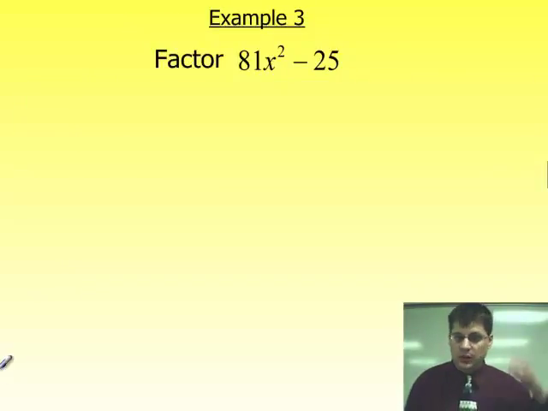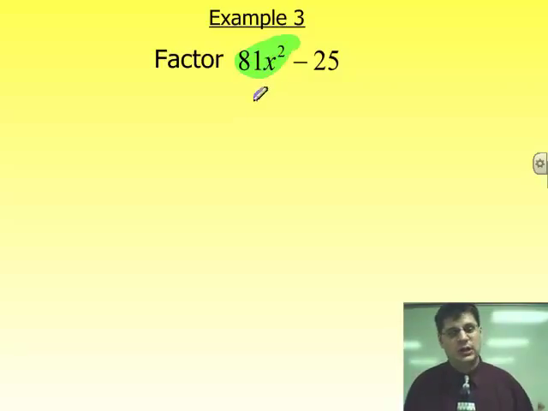Looking at this one, let's say I'm just factoring. It doesn't tell me if it's a special product or not, and I just see something with two terms. I'm going to ask myself, if it's two terms, then this might be a difference of squares. So I would look at the first term, the 81x squared, and ask, is that a perfect square?